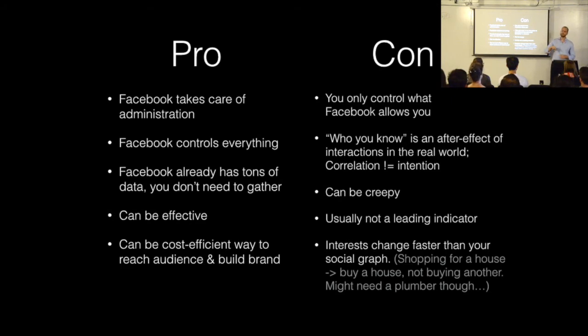But after you buy a house and get homeowners insurance, you don't need another house. You don't need more homeowners insurance, but it still shows me these ads, right? They're really expensive ads, so sometimes I click on it. But I'm never actually going to do it, right? On the other hand, if it knew that I'm going to do this kind of stuff, you might actually say, hey, you've had a house for a few months now. Maybe you actually want to find a plumber, fix the toilet, that kind of stuff. But this gets really difficult to tease out, right?